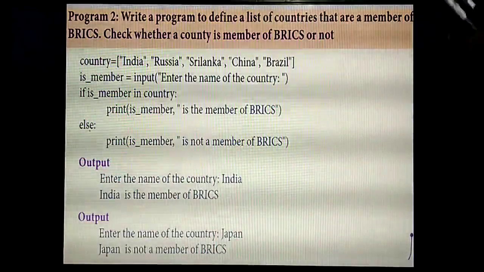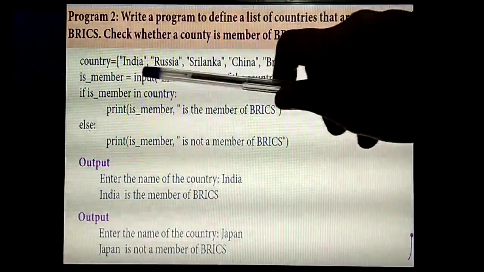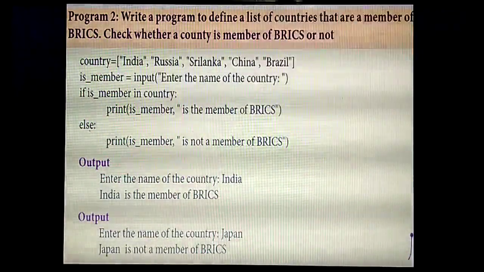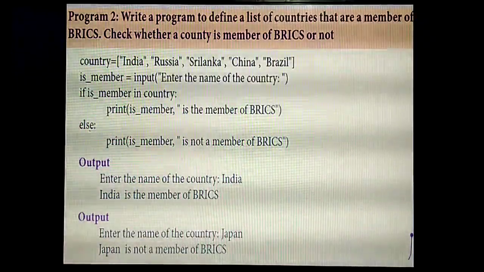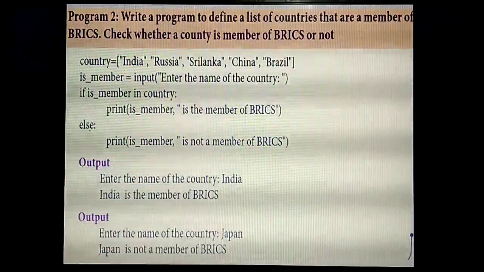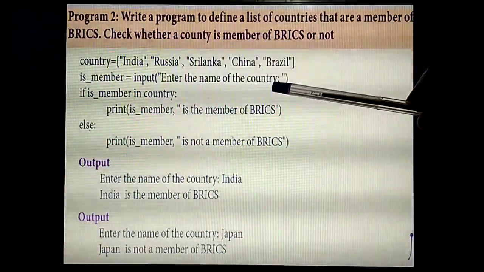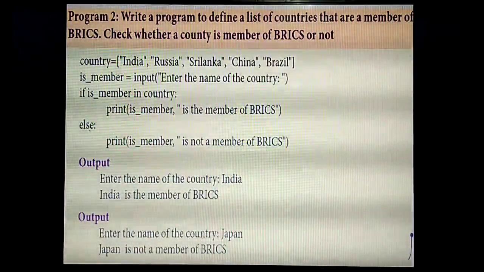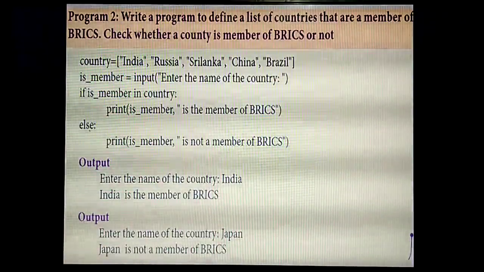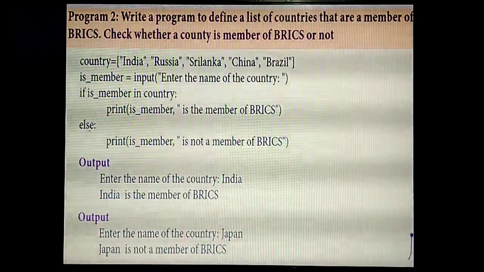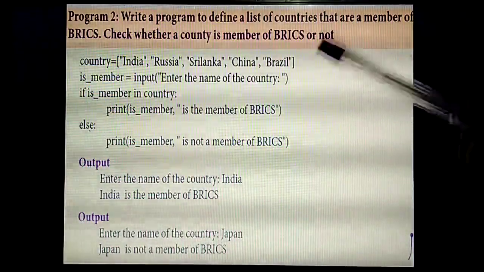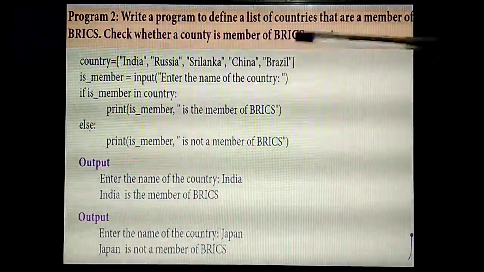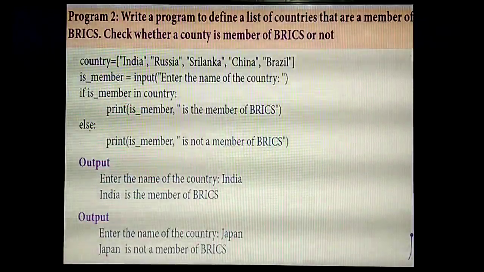For your identification only they have given the name isMember. As the input, you are entering the name of the country. You run the program and enter any name of a country, and it will find whether that name is present in the list or not.